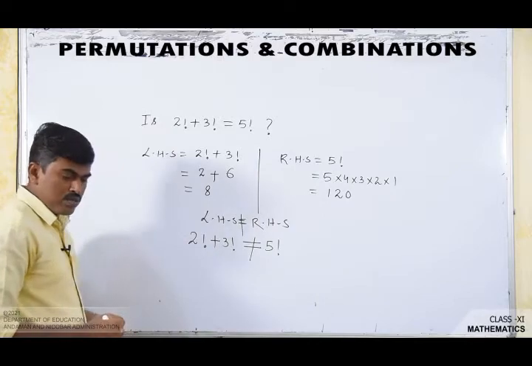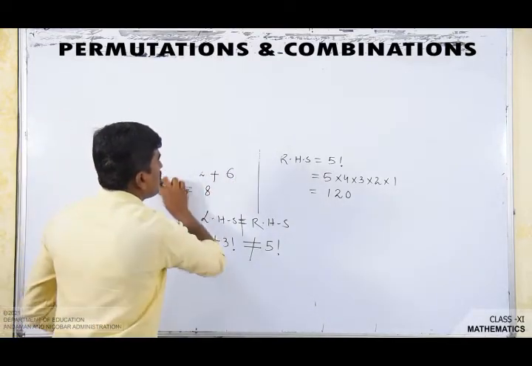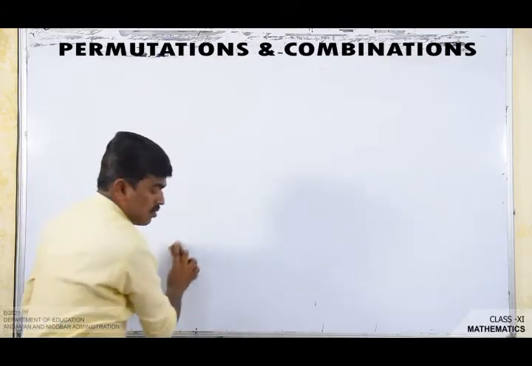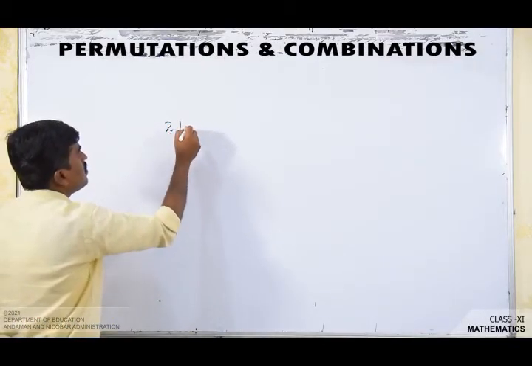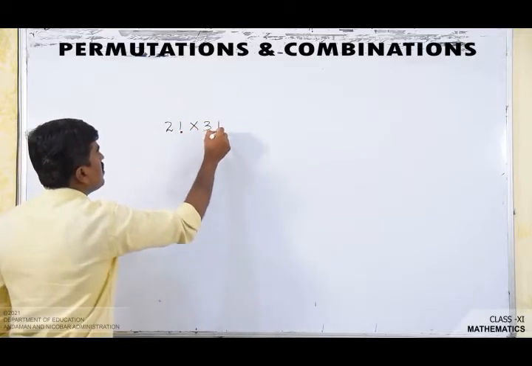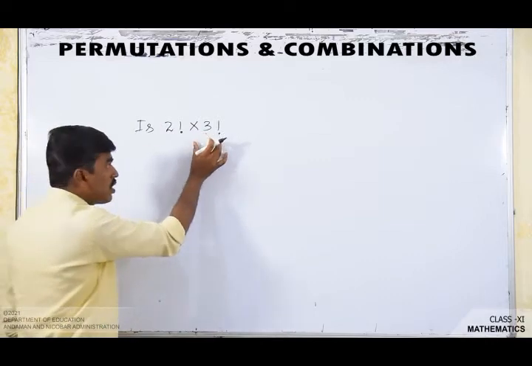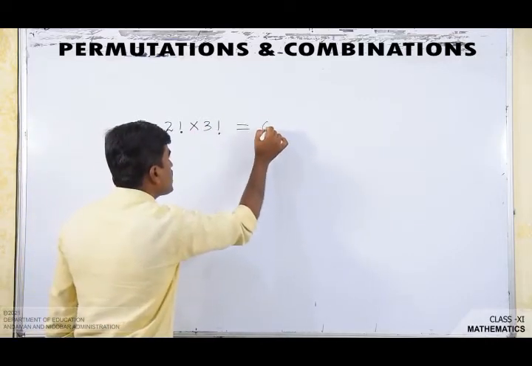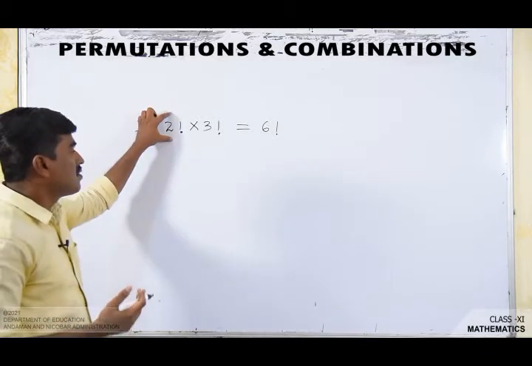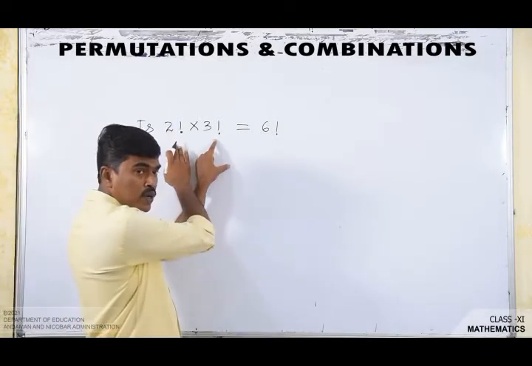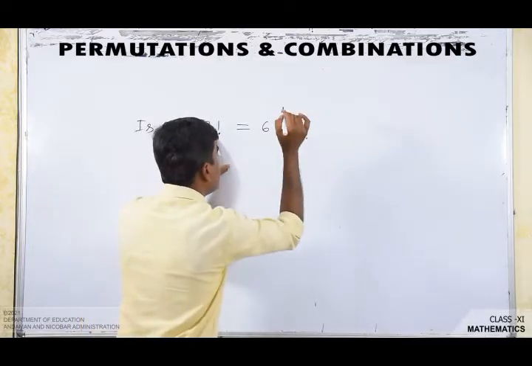Okay. So similarly, if I ask whether 2 factorial into 3 factorial is equal to 6 factorial. As we know 2 threes are 6, but is this result true?